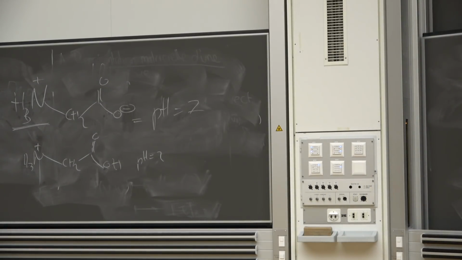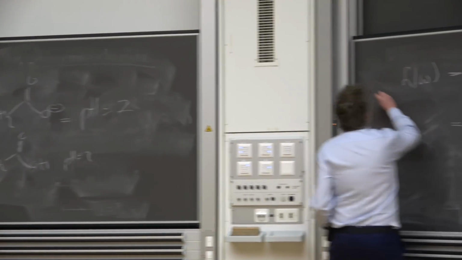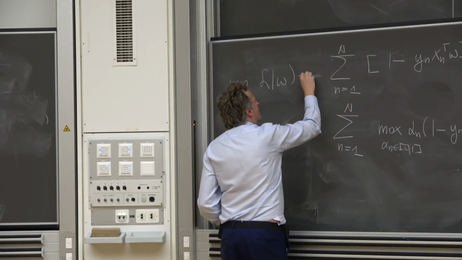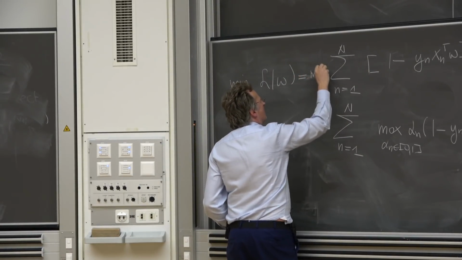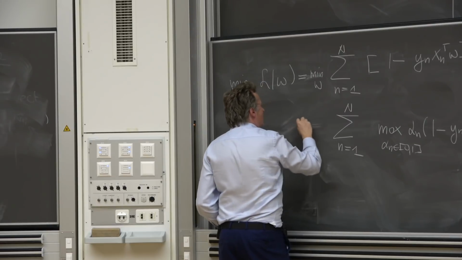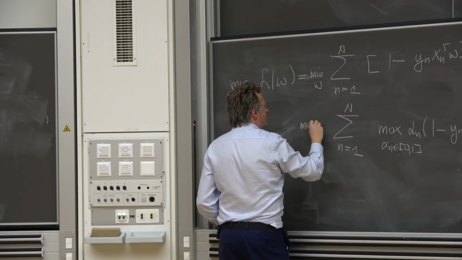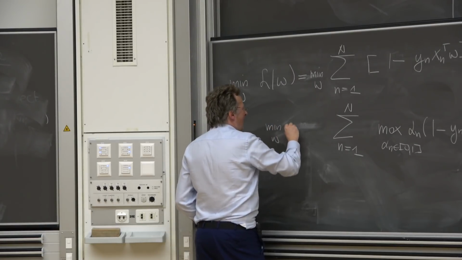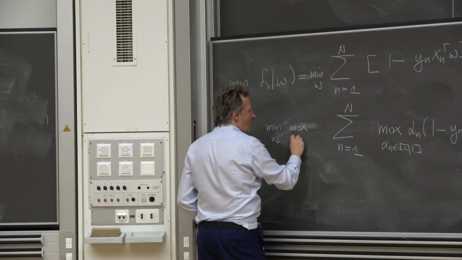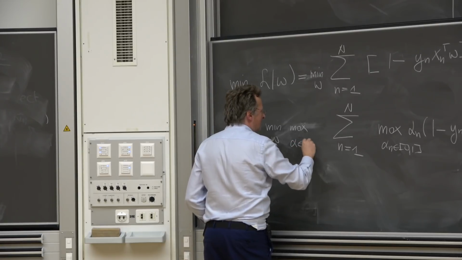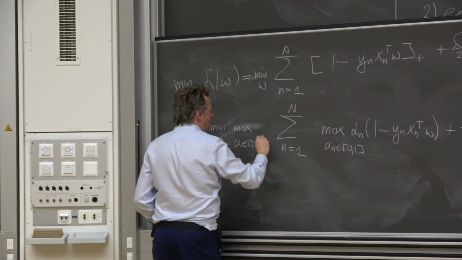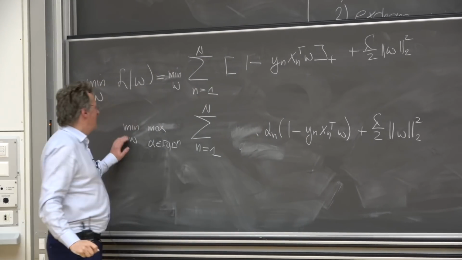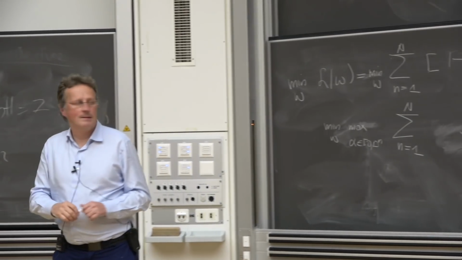Now what we are interested in, of course, is that at the end we want to do the minimum over W. So there will be the min over the W, and also here we have the min over the W. And we can put the max over all the alpha n outside, so we have the min over the W and then the max over the alpha.